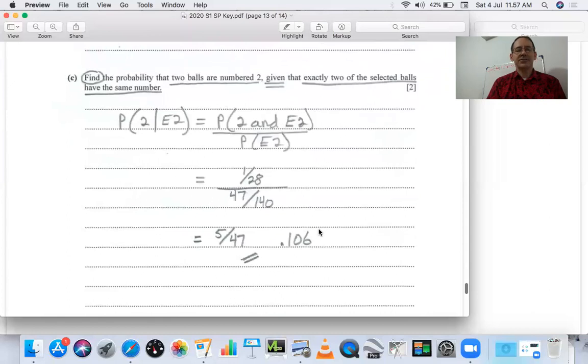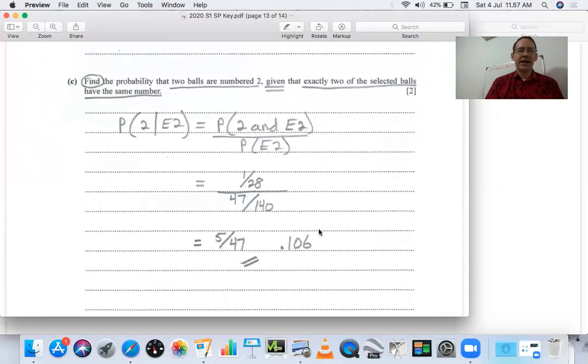Moving on here to the end, I believe this is our last question. It says, find the probability that two balls are numbered 2 given that exactly 2 of the selected balls have the same number. So this is conditional probability because of this given statement.